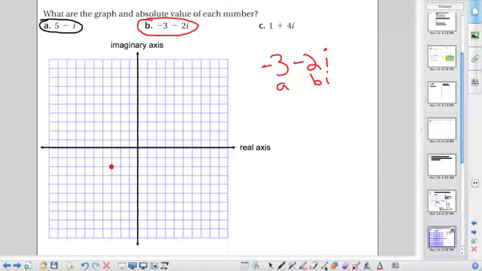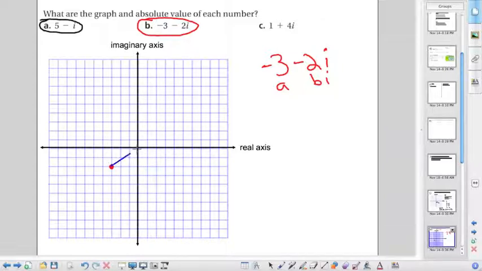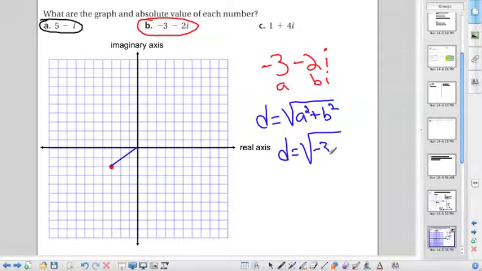Next, we connect the origin to the point, and then find the distance. Distance is the square root of a squared plus b squared. So d equals negative 3 squared plus negative 2 squared.